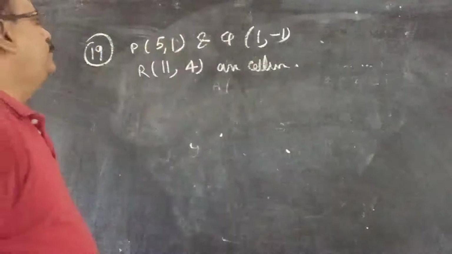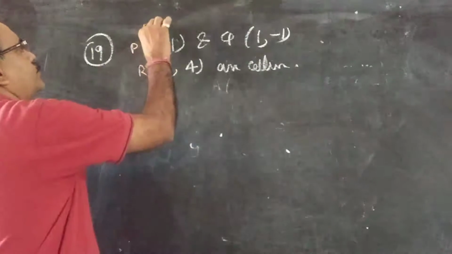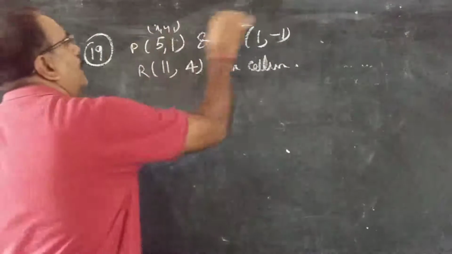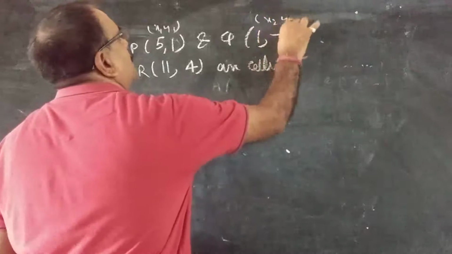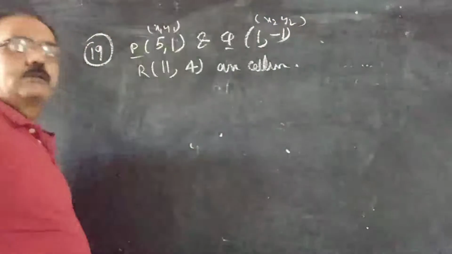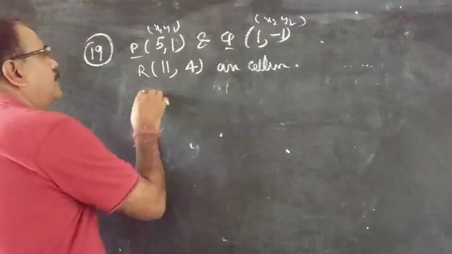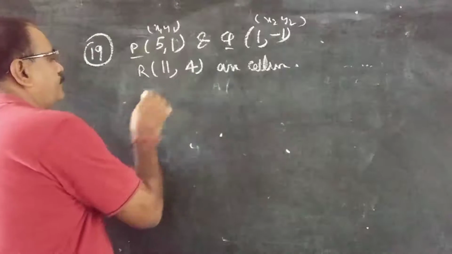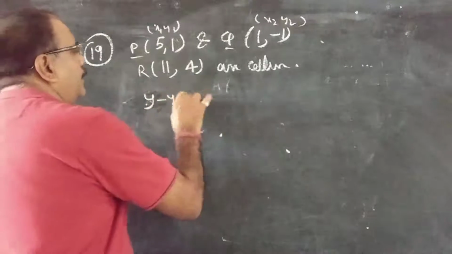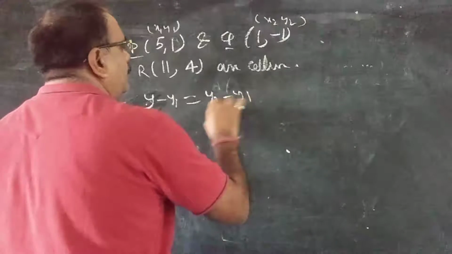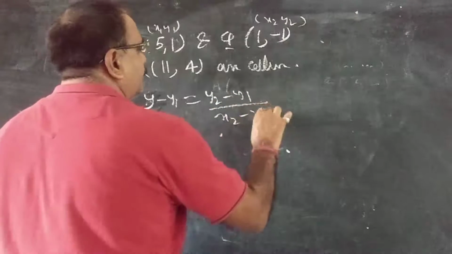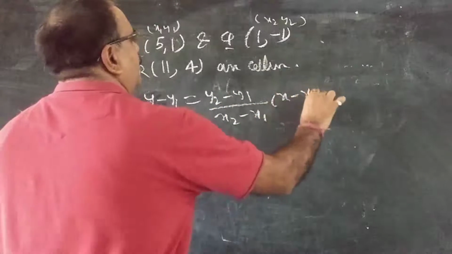So take the first two. Say this is x1, y1 and this is x2, y2. From these two, find the equation of the line by using the third form of the equation: y minus y1 is equal to y2 minus y1 by x2 minus x1, times x minus x1.